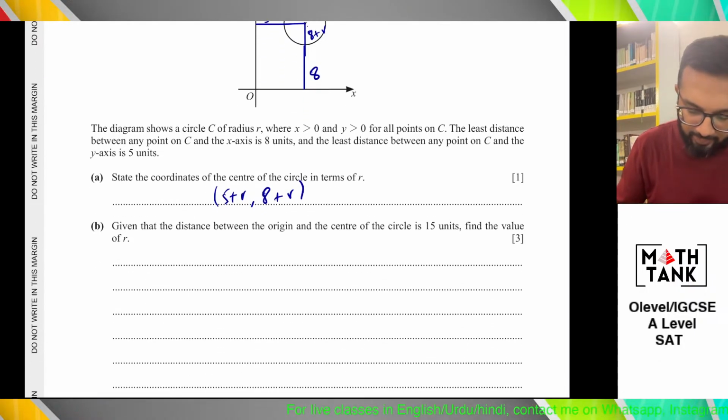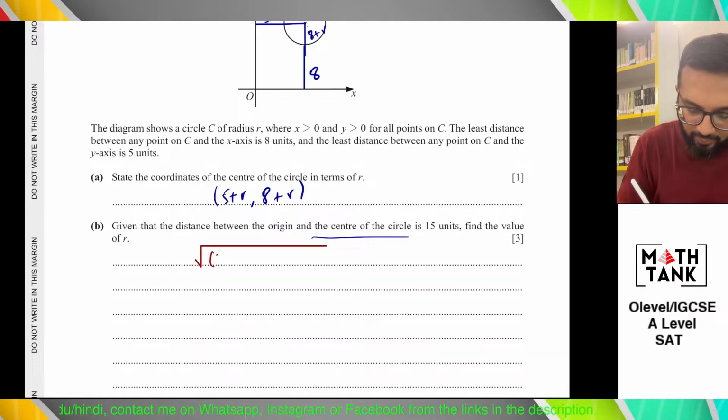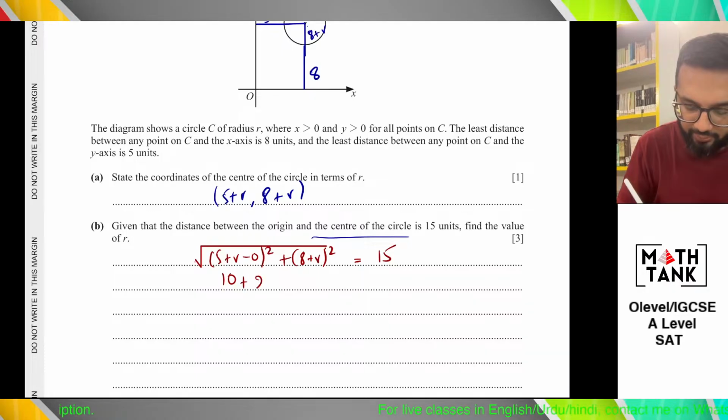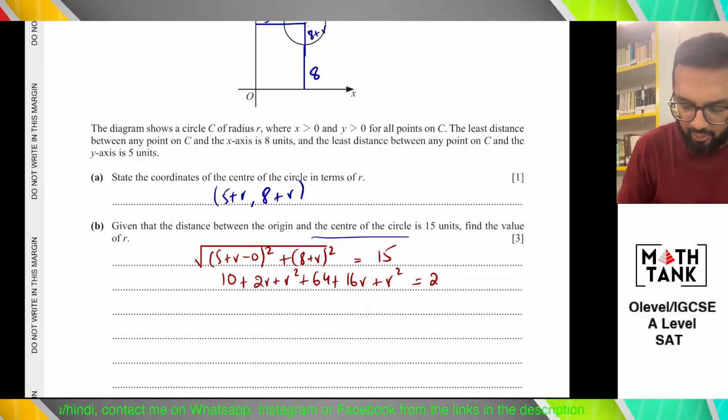Given that the distance between the origin and the center of the circle is 15 units, so that's easy. Then I can use the distance from the origin. I can say that the distance from the origin is going to be 5 plus r minus 0 whole square, and 8 plus r minus 0 whole square as well, equals to 15. That gives me 10 plus 2r plus square plus 16 plus, sorry, 64 plus 16r plus r squared equals to 225.